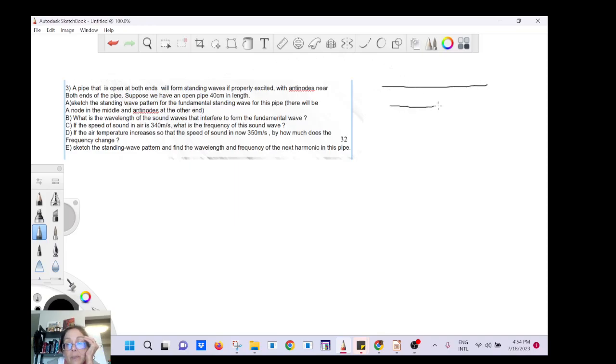So it can be an organ pipe. Will form standing wave if properly excited with antinode near both ends. So here you have an antinode and here you have an antinode. Suppose that we have an open pipe 40 centimeter in length. So this is 40 centimeter in length.